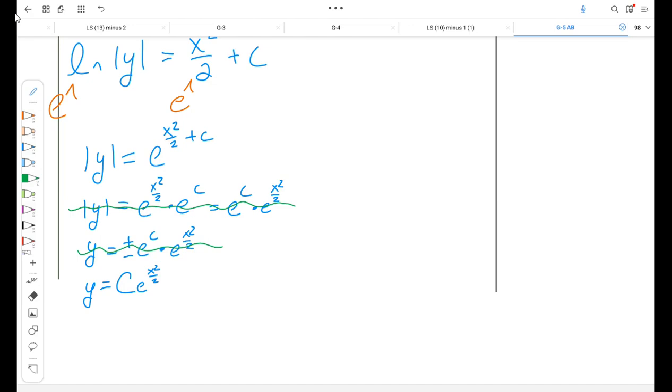So when you see a plus c at the end, because of the algebra that I just crossed out in green, you could put a capital C in front of your exponential. Okay. Why? Because it's algebraically correct to do that. You also get to drop the absolute value bars as part of that process. Because that thing was a plus or minus, you would have to put a plus or minus in front of it, but putting a plus or minus in front of any number in the world still gives you any number in the world.